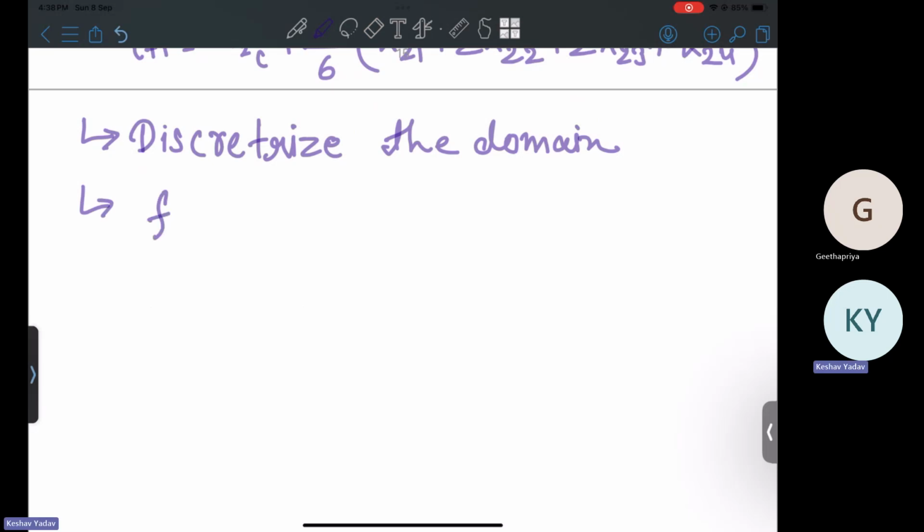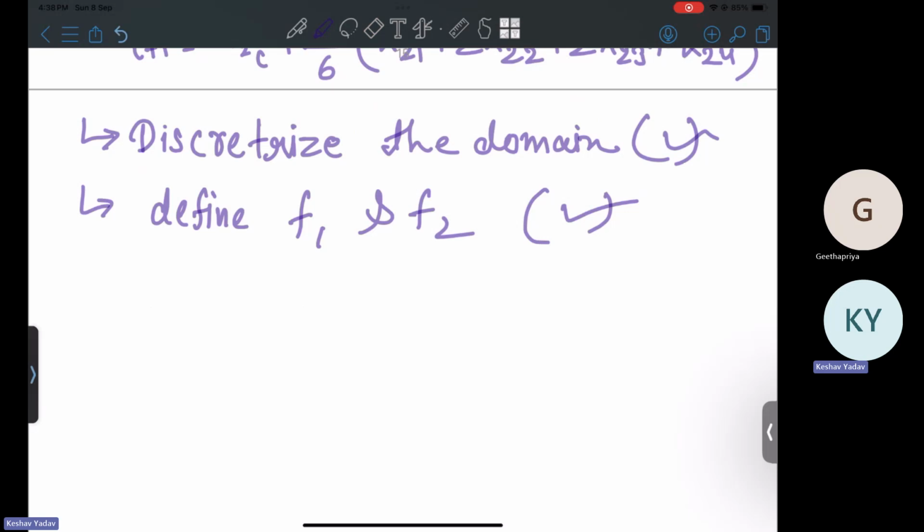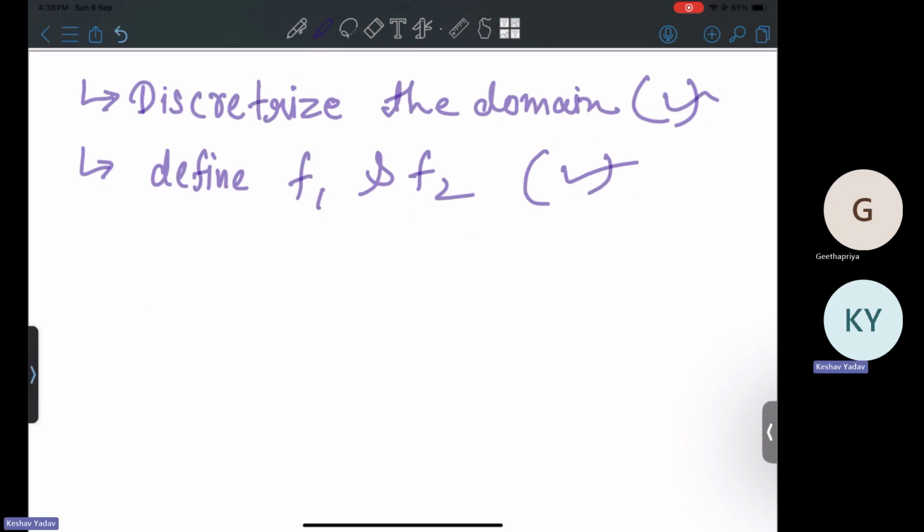Then we will define the function f1. Once the domain is discretized, we will define f1 and f2. Then we will find the k11, k12, k13, k14.